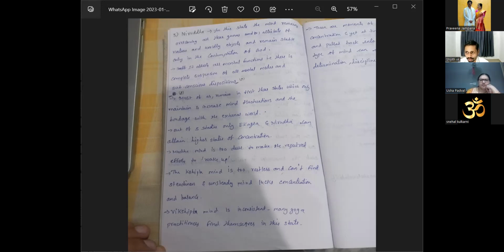All the three gunas have been overcome, and whatever the worldly objects, the attributes of nature, everything is overcome, and in this state it remains stable in the contemplation of God.